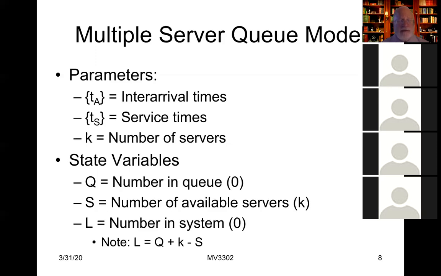We'll see how that works with the event. The second state variable is the number of available servers, that is, the number of servers that are not serving anybody. The initial value of S, the number of available servers, is going to be K, the number of servers. So in the beginning, our system is empty and idle, and all of the servers that we have are going to be available.